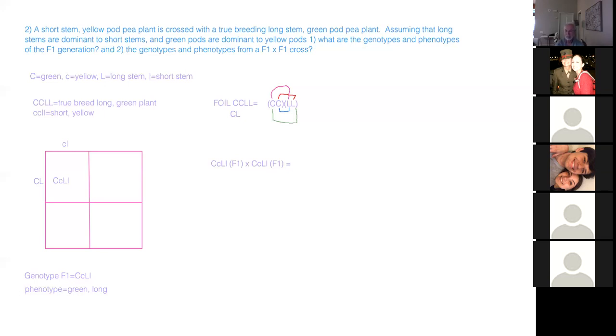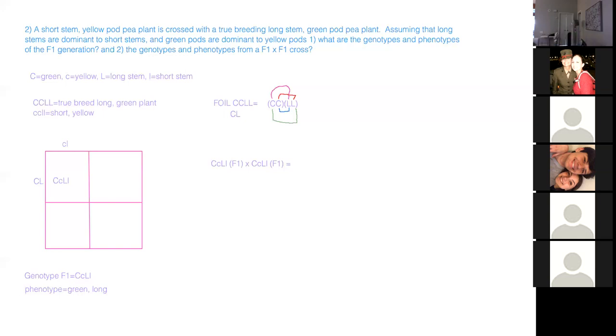Yes, that was the F1 progeny. How many different types of progeny did we get out of that first Punnett square? Was there one or more, or was there only one? Only one. Okay, so these are the only genotypes that were produced from the parental cross. That is our F1 genotype. That's what we have written down here below as the answer to the first question.